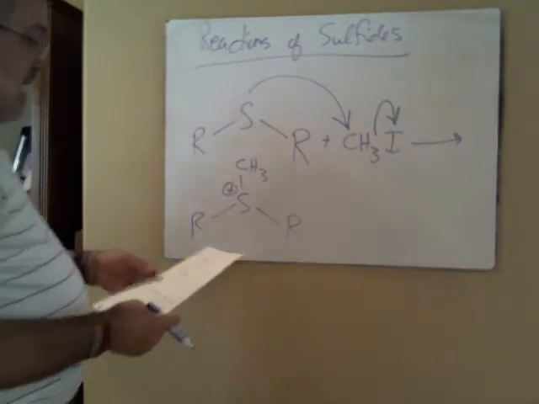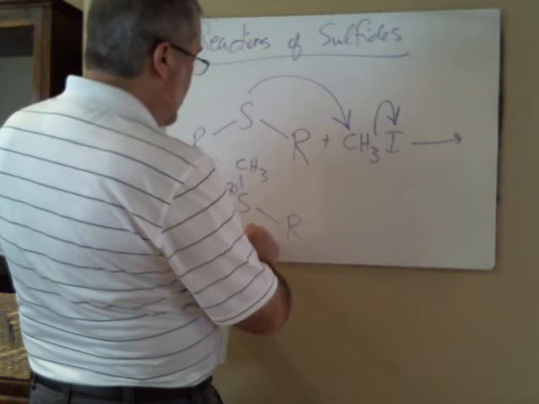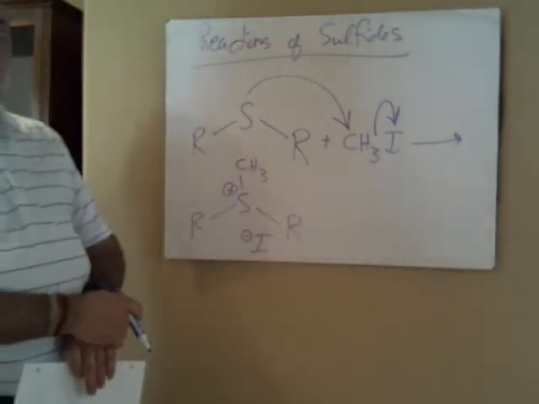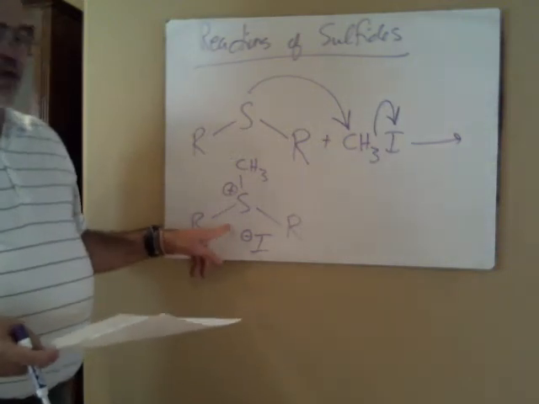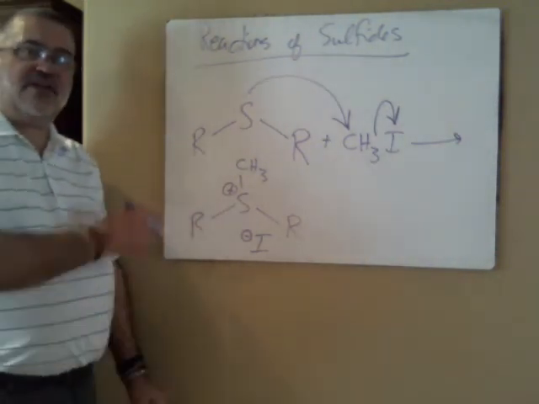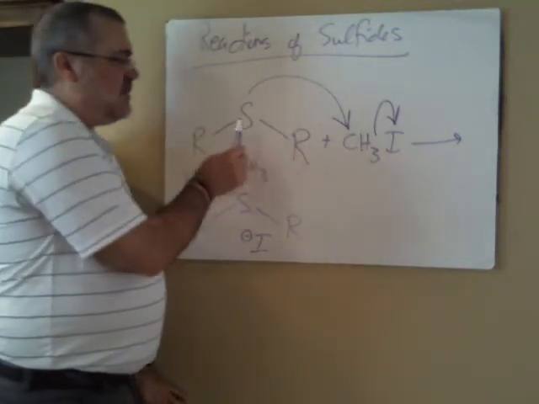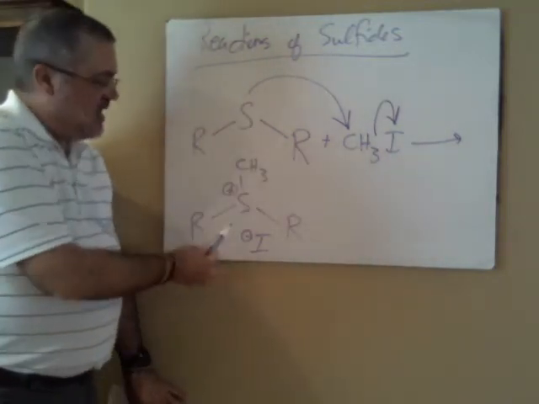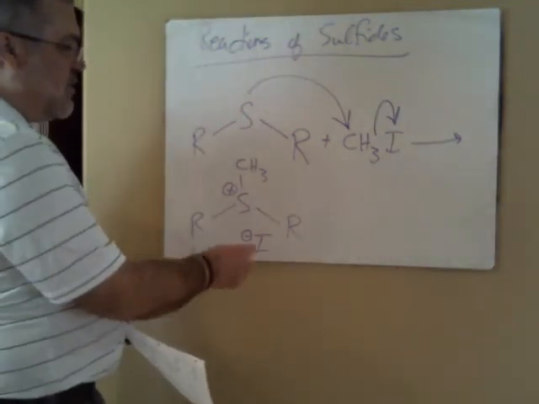And it's basically forming a salt because I'm going to have this I- as the counter ion. And so this actually is a useful reagent for synthesis. It's something you can form because this is more nucleophilic. And I formed this salt, which is an alkyl sulfonium salt.